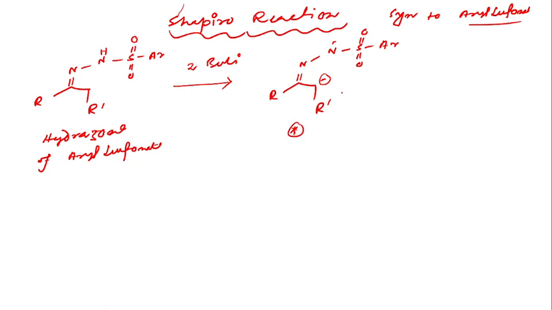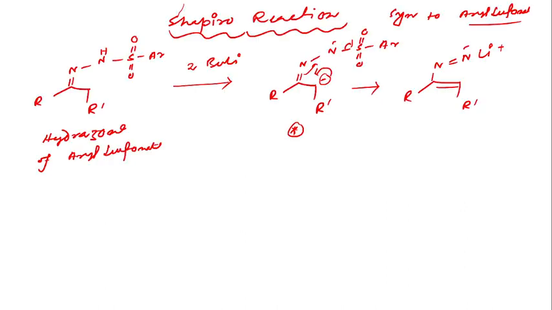After that, what will happen? Then this kind of phenomenon will happen, it is delocalized and it will leave. As a result, we will have these things now. This is C double bond R, this is R dash, N double bond N, now it is minus and we will have lithium plus.